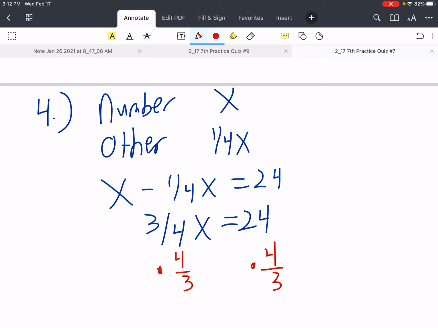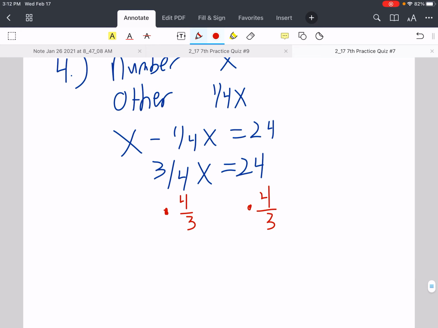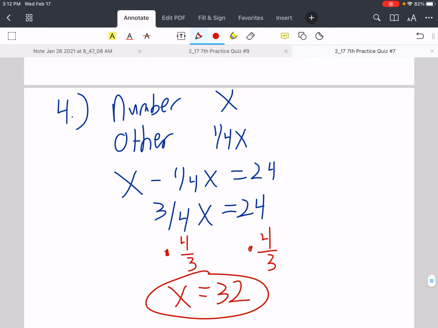So when I multiply something by 4/3, I'm really multiplying by 4 and then dividing by 3. So 24 times 4 is 96, divided by 3 equals 32. So x is 32. The other number is 1/4 of 32, which is 8. So my two numbers are 32 and 8.